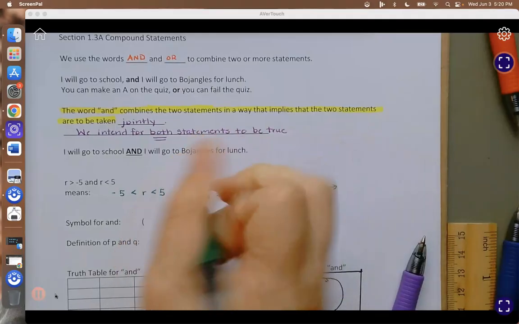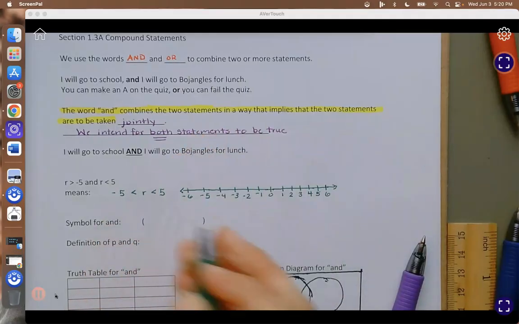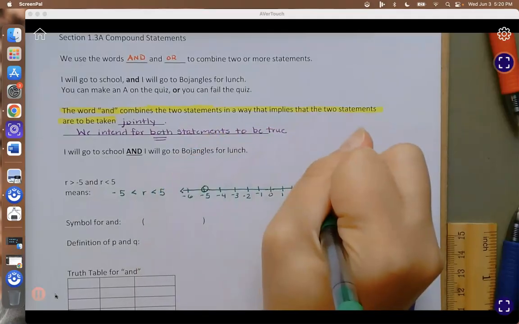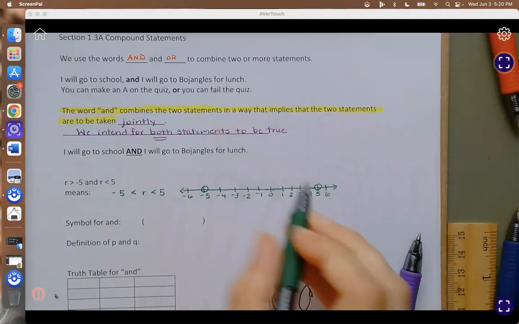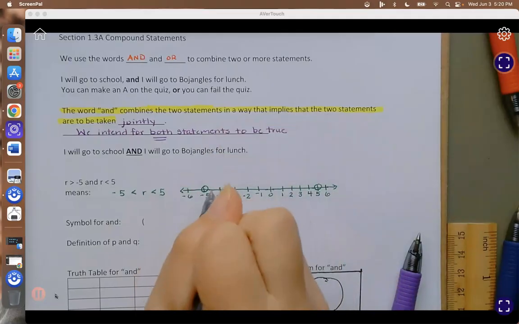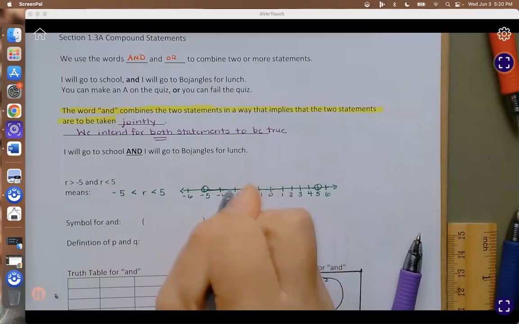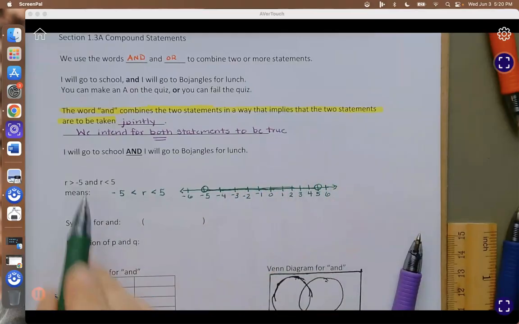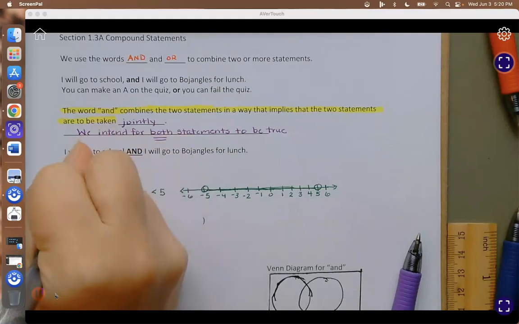Okay, so because neither of these have the equal to, they both have open circles. So it's less than 5 and greater than -5, so it's the numbers in between these two. That's what this means.